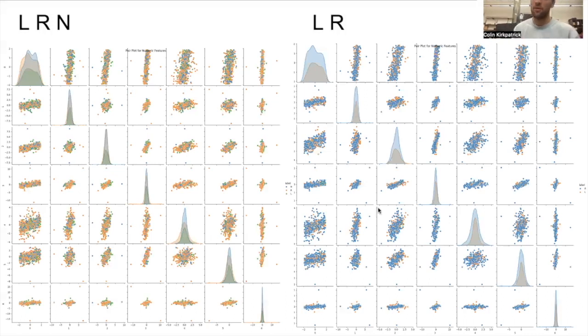And here's an example of what the whole data set looks like. What you're looking at here, each cluster of dots represents all of our training examples, represented by one feature with respect to another feature.